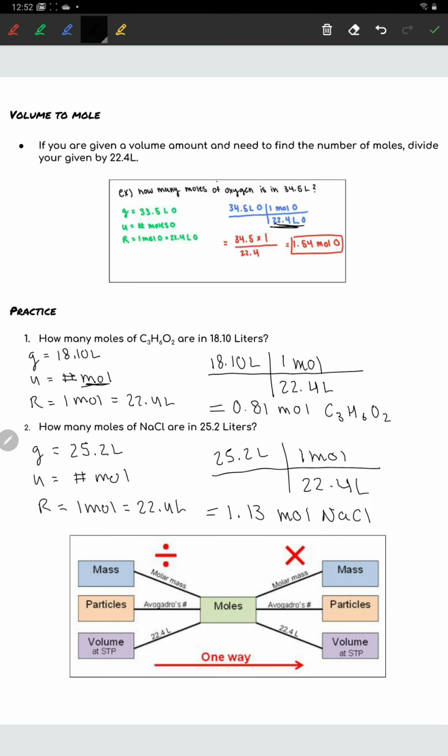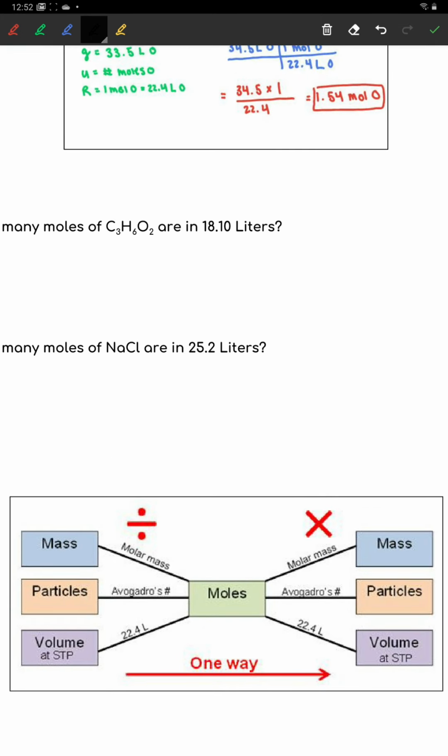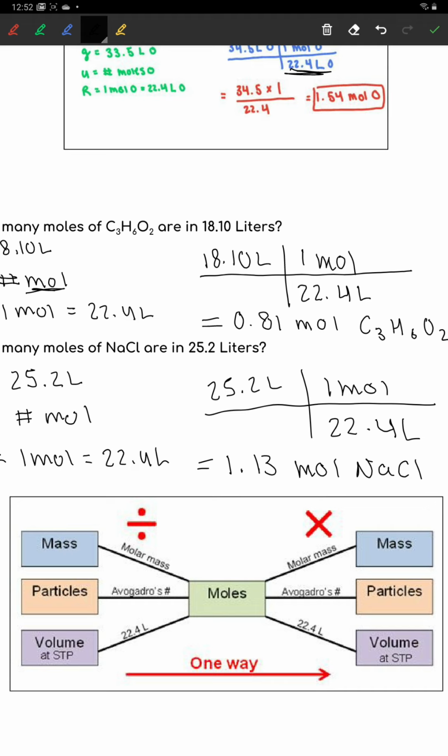Okay, so before we go, I want to talk about this little diagram here that's on the bottom. So this is a comprehensive roadmap that can help you get to anything. So it's one direction. You can see the one way here at the very bottom. So you'll read it left to right. So what we just did was volume. So say you're given volume, and you can see here it says at STP, which is very important because if we're not at STP, we can't assume that for every 1 mole there's 22.4 liters.